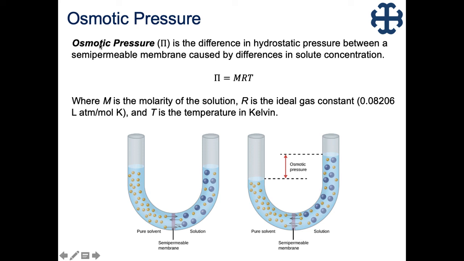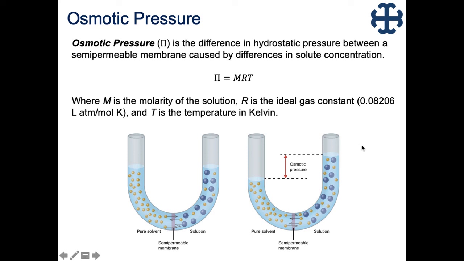With osmotic pressure, we calculate it with this equation here, where that osmotic pressure is equal to the concentration, molarity, times the ideal gas constant, R. So it is a gas constant, but it can also be used actually for osmotic pressure, and then temperature as well. And of course, our temperature has to be in Kelvin anytime we use our ideal gas constant.